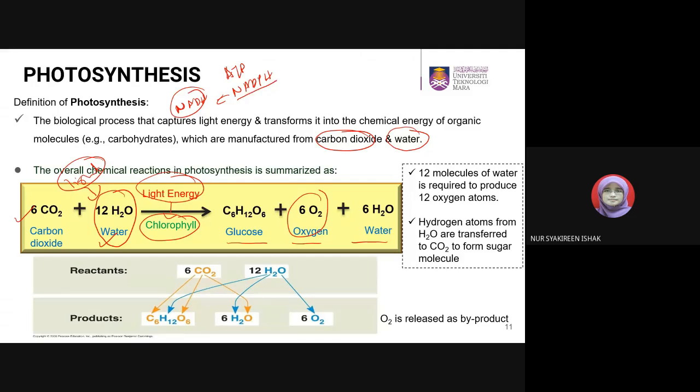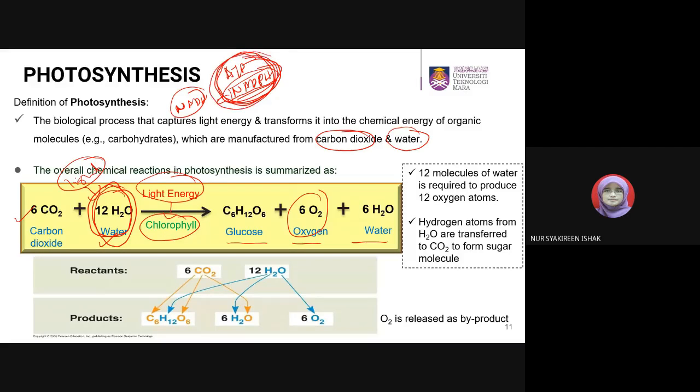Remember P bukan stand for photosynthesis, dia ada nama chemical dia. So these two molecules are produced during the light reaction. Basically it is produced from the electrons released from the process of photolysis of water, and then it travels along the ETC to release energy, and the energy is used to synthesize ATP, and another molecule is NADPH.